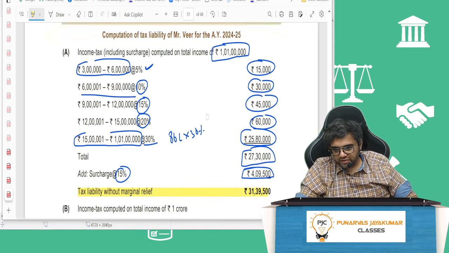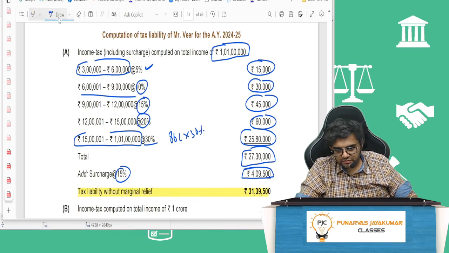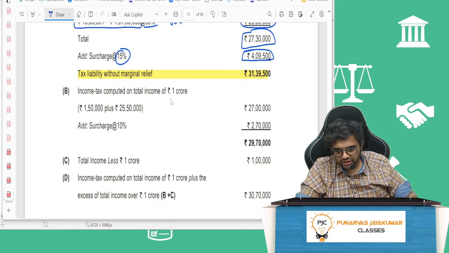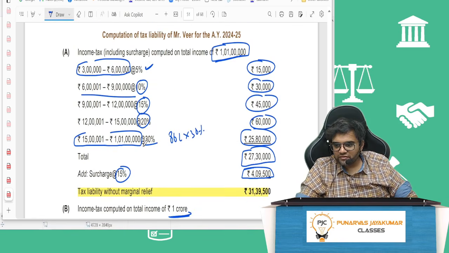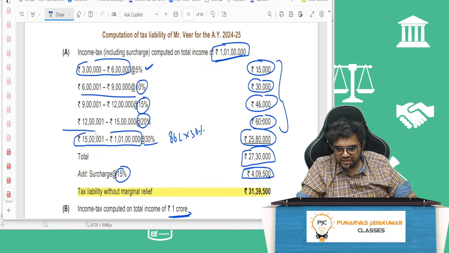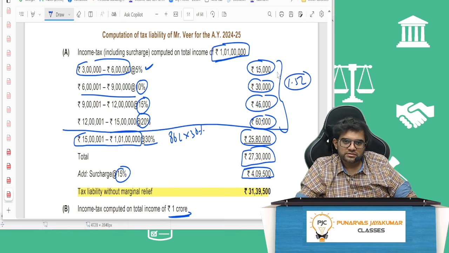But assume I had only earned 1 CR. If I assumed only 1 CR, then these I can add just to make it like one shot. 60 plus 40, 1 lakh, 1 lakh 30, 1 lakh 40, 1 lakh 50. So up to 15 lakhs, my maximum tax is 1.5 lakhs.